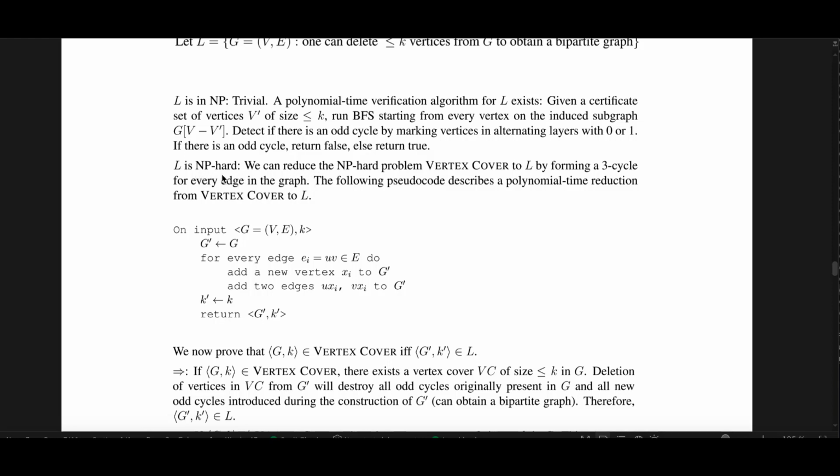First, L is NP-hard. We can reduce from the NP-hard problem Vertex Cover by adding a 3-cycle for every edge in the graph.